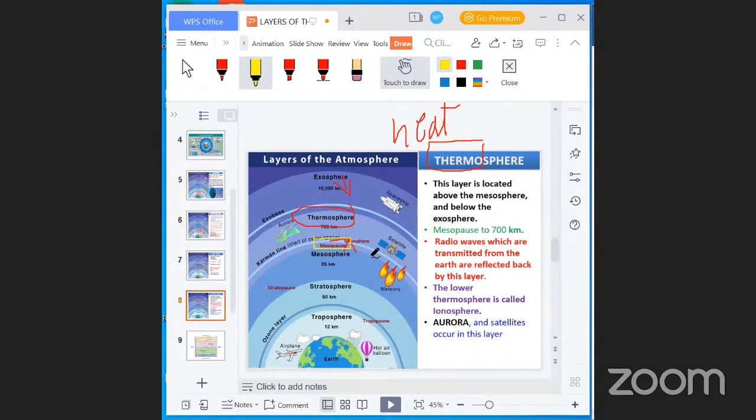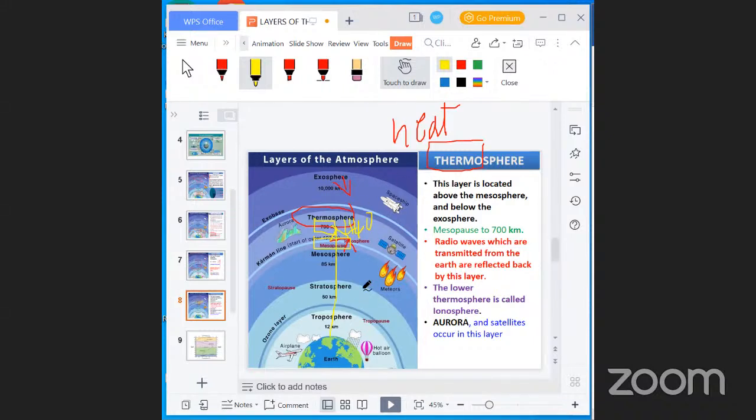So the thermosphere extends from the mesopause to 700 kilometers, which is 440 miles above the surface of the Earth. So the thermosphere is the thickest layer in the atmosphere.